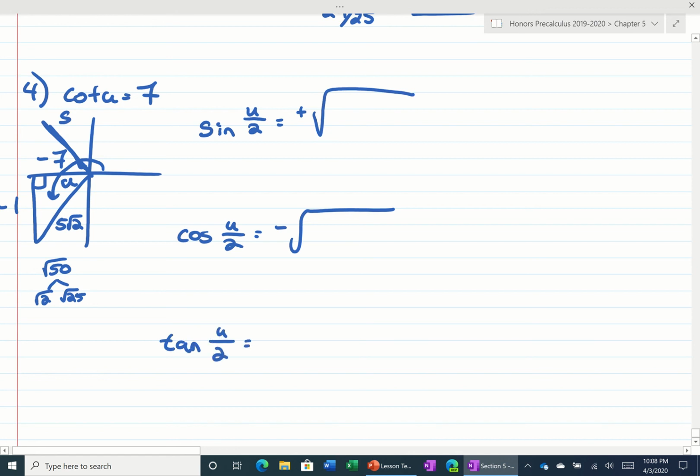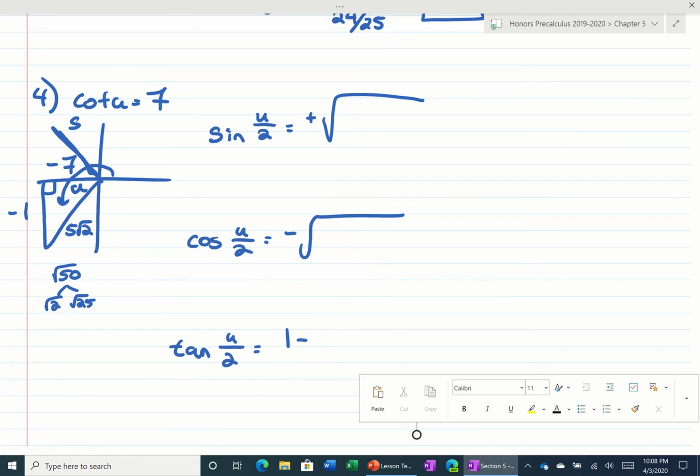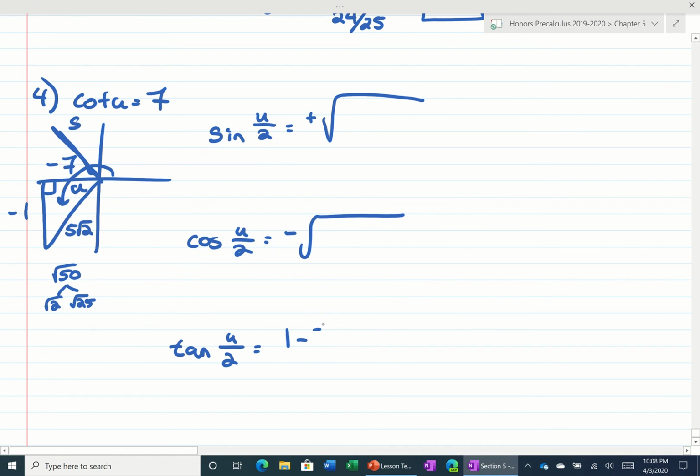All right, so for the tangent formula, I'll use 1 minus the cosine over the sine. That'll be fun. And let's do these other pieces too.